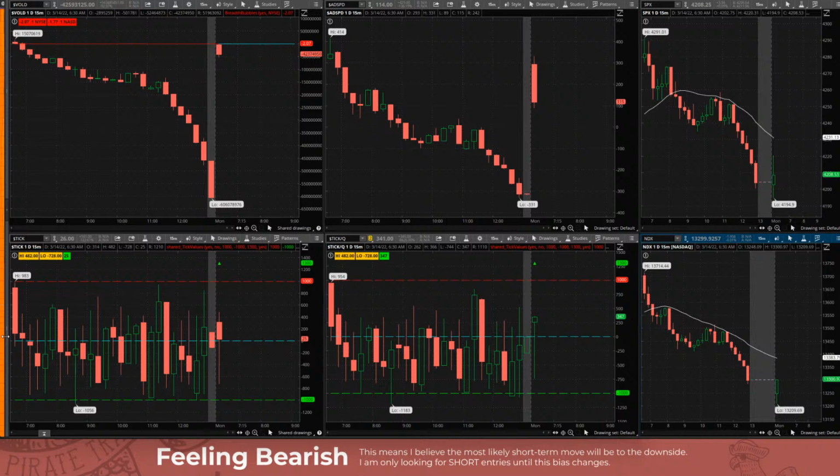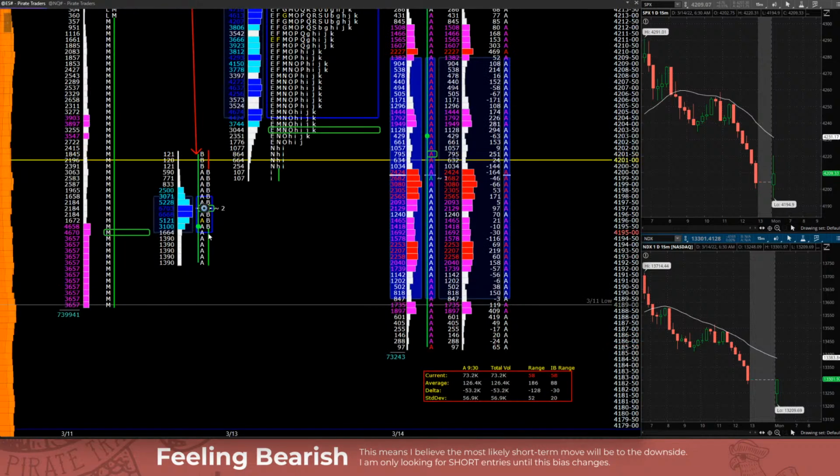Let's take a look at the NQ. Seems to be a little more bullish today.